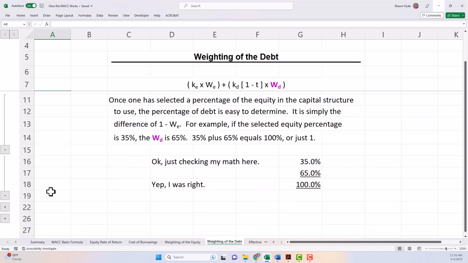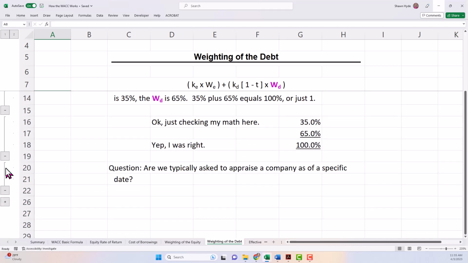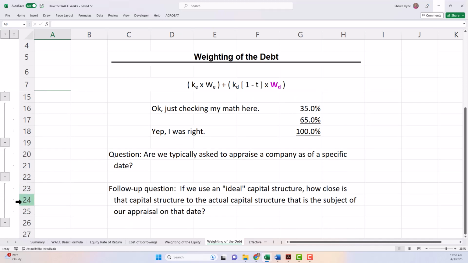Of course, right. So, are we typically asked to appraise a company as of a specific date? The answer is yes, we are. And on that date, the capital structure of the specific company we are appraising is perhaps more important than some amalgamation of publicly traded companies.